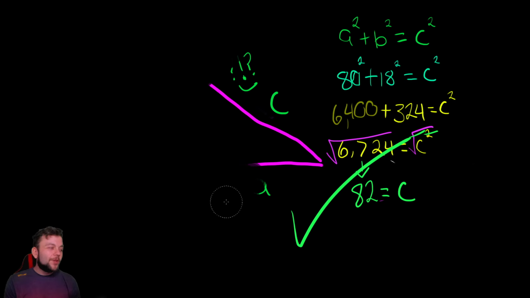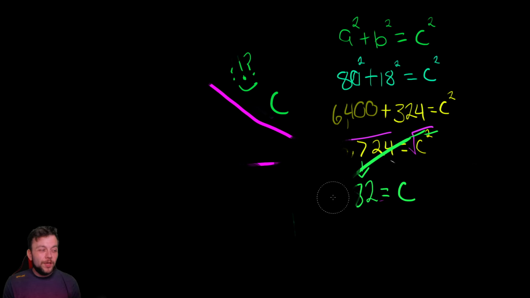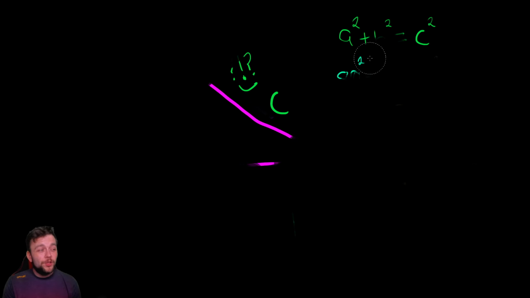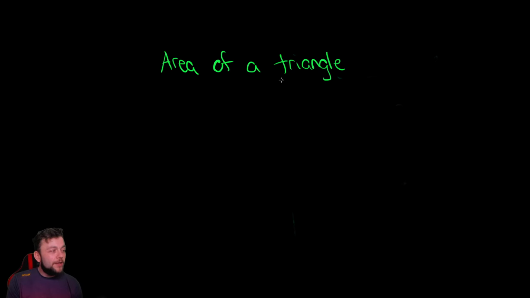So the big keywords that you want to look for when you deal with word problems with geometry, right? We'll go through a couple of them. They still have to use keywords like area of a triangle, or instead of triangle it might be area of a circle or a square.